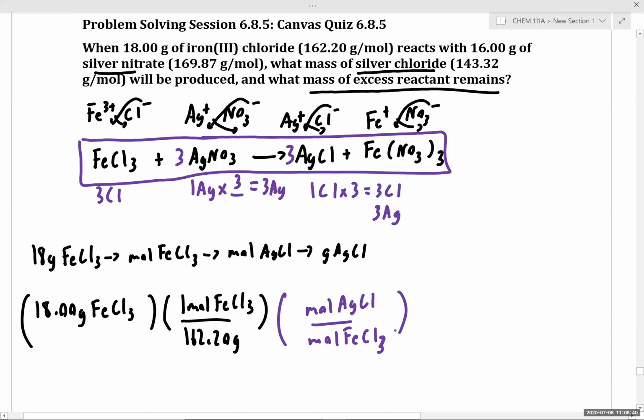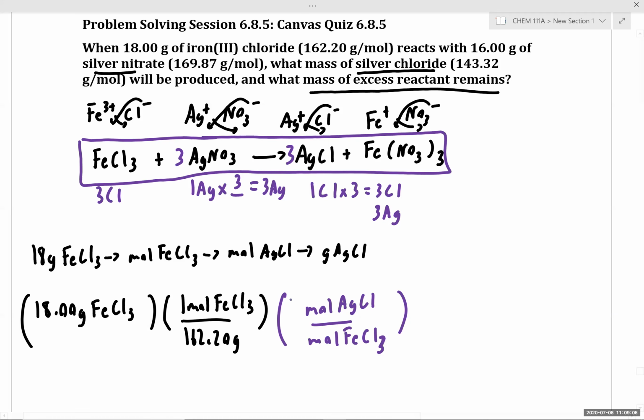What is our mole to mole ratio? Is it 1 to 1, 2 to 1, 3 to 1, 4 to 1?